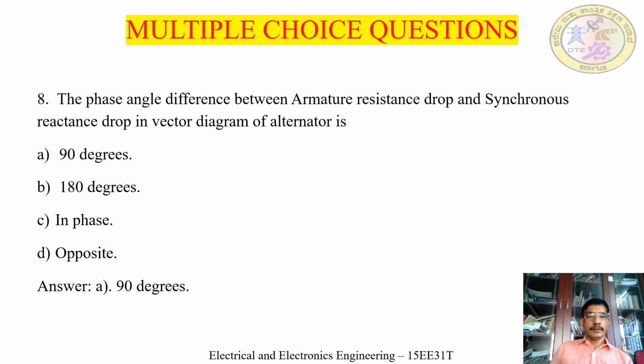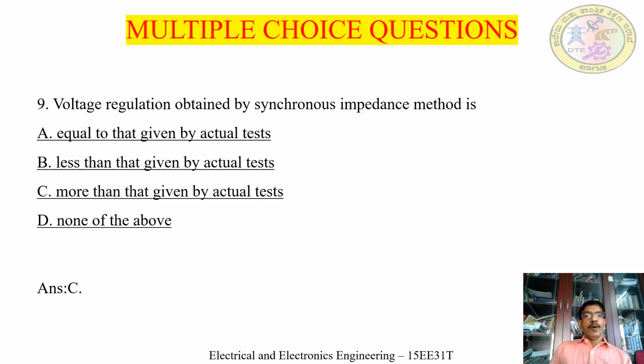Definitely correct answer is 90 degrees, option C. Voltage regulation obtained by synchronous impedance method is equal to that given by the actual test, less than that given by the actual test, more than that given by the actual test, or none of the above. Voltage regulation obtained by synchronous impedance method or EMF method is usually more than that given by the actual test. C is the correct answer.